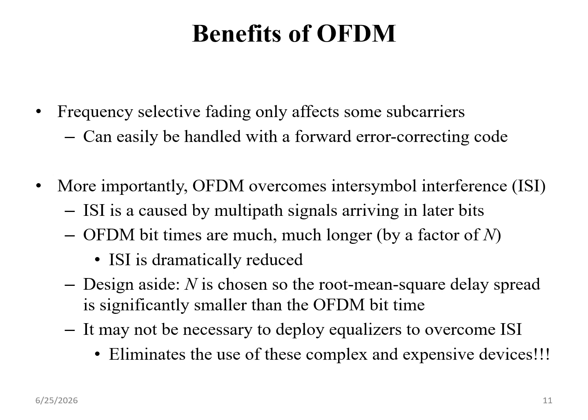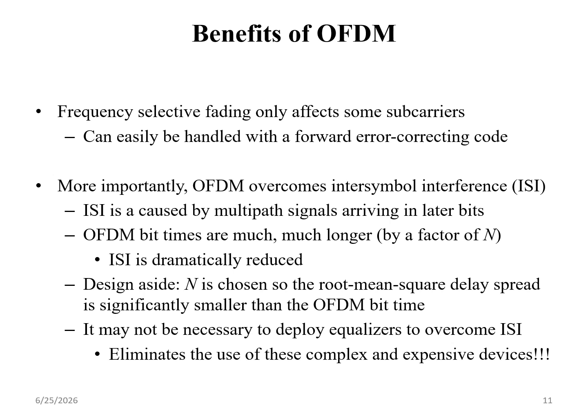So ISI is caused by multi-path signals arriving in a later bit. OFDM bit times are much, or sometimes much, longer. Why? Because this way ISI is dramatically reduced. The design is such that N is chosen so the RMS value, that is root mean square delay spread, is significantly smaller than the OFDM bit time.